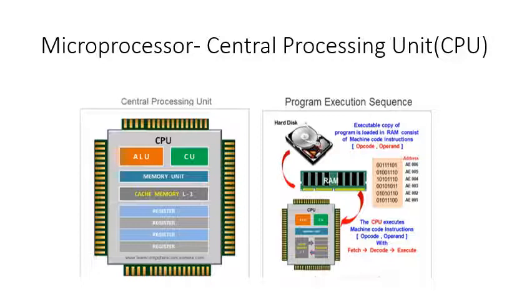The control unit of the CPU decodes these instructions and performs the desired arithmetic and logic operations. The CPU executes the program instructions by repetitively performing the instruction cycle. The instruction cycle consists of four steps that include fetch, decode, execute, and store.